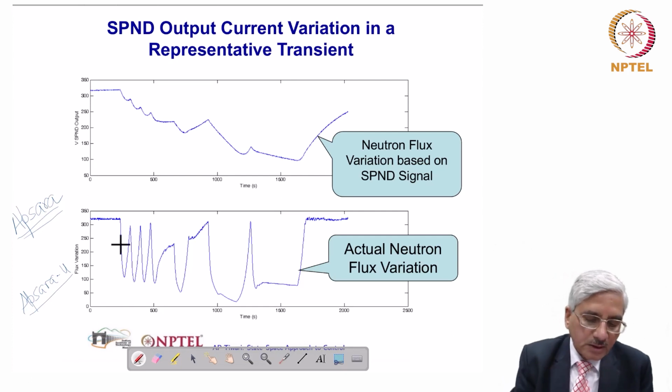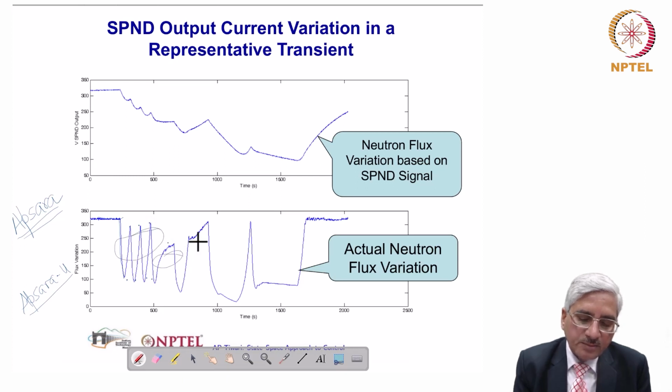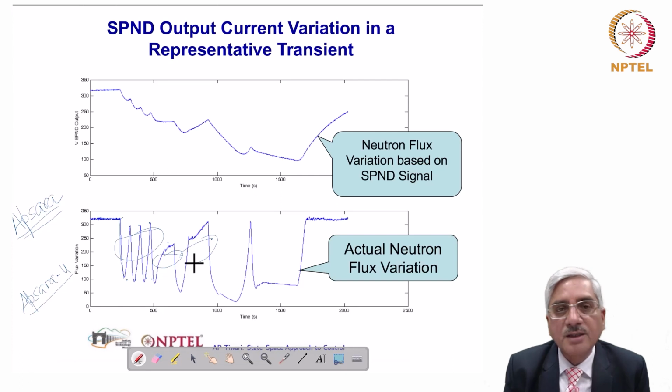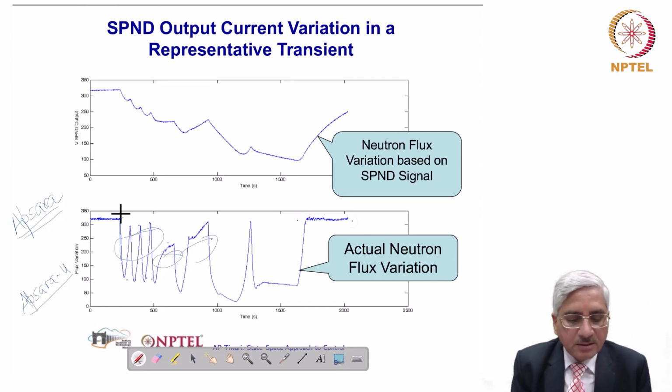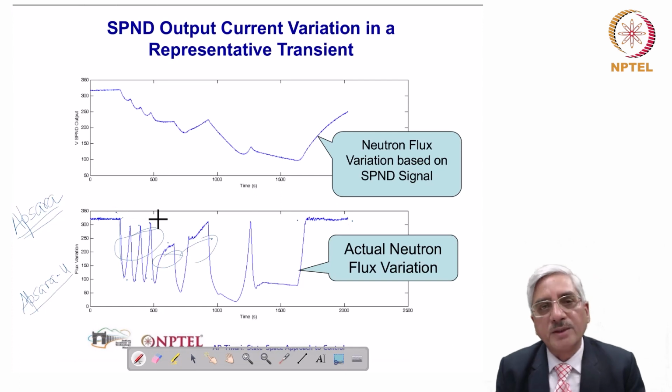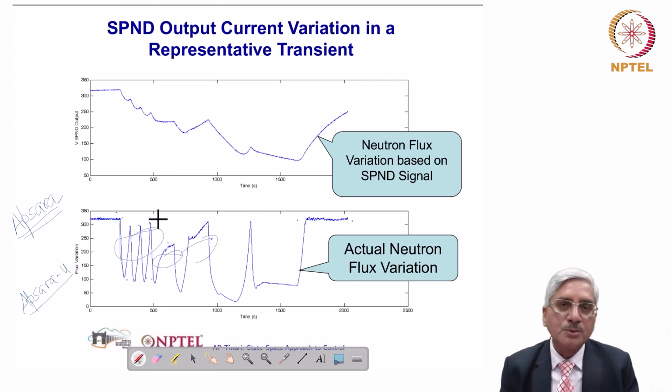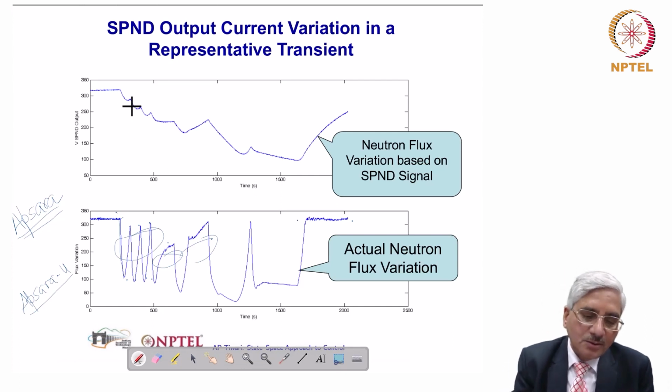So the neutron flux was lowered. This is the steady state. With respect to the steady state, it was lowered, again raised, again lowered, again raised, and so on. This was done at one rate, then again the same thing was done at a different rate, and then again it was re-stabilized to this operating flux. In a research reactor, one could do this kind of experiment.